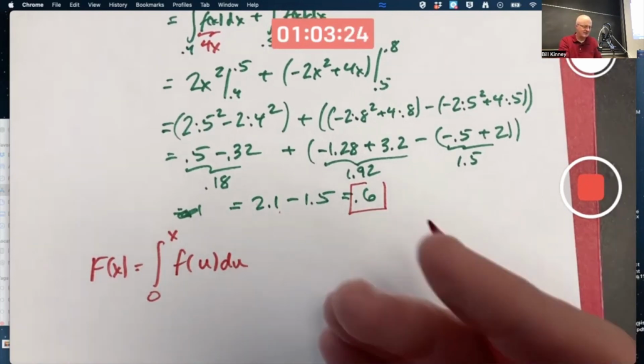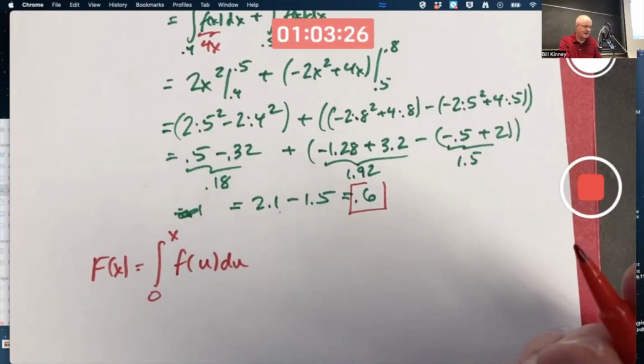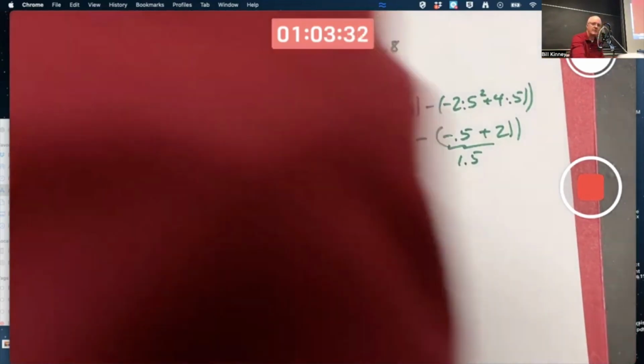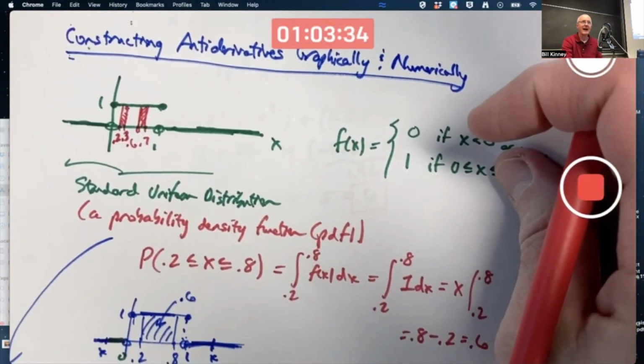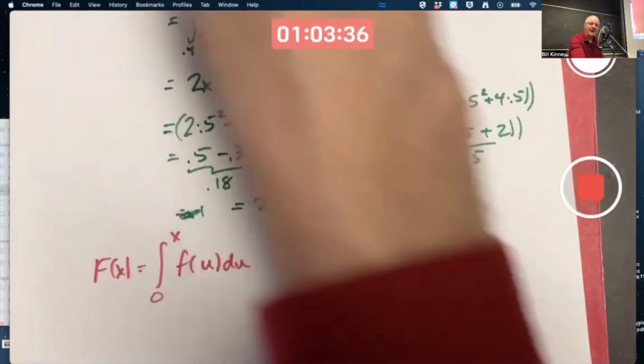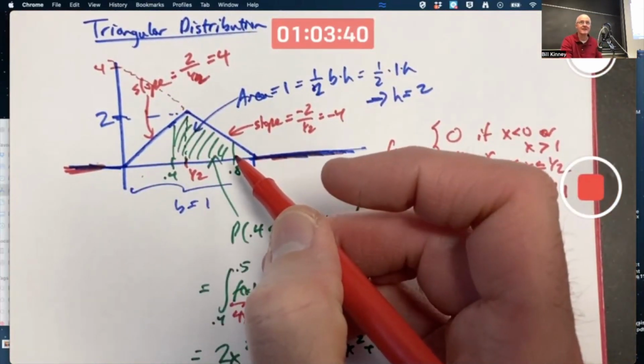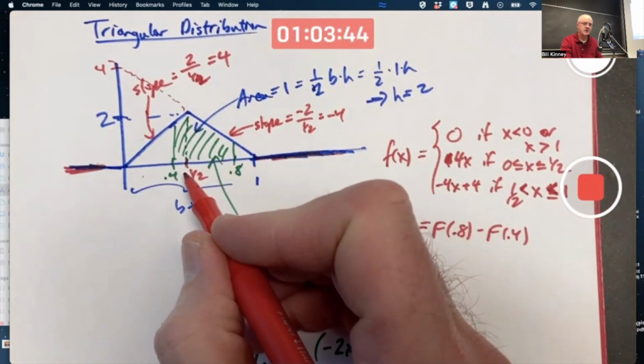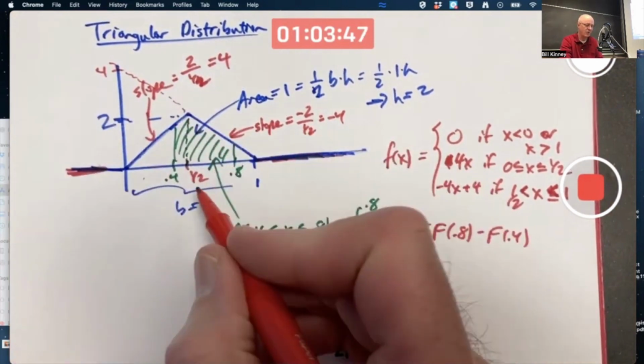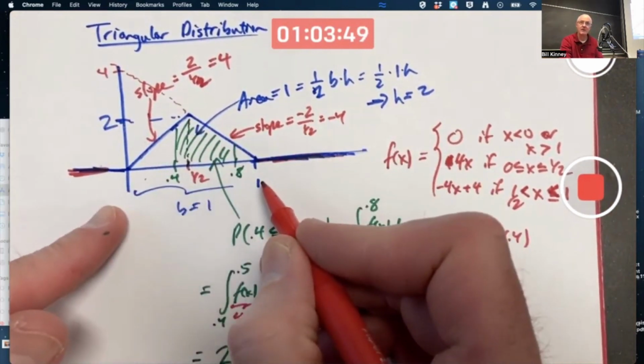But how do I do the integral? What do I do here? Just like before, I can think about it with areas, just like I did with the uniform distribution here. But now I have to think about areas with regard to this picture. By the way, I should have emphasized that this triangular distribution is higher near 0.5 and lower near the ends, 0 and 1.